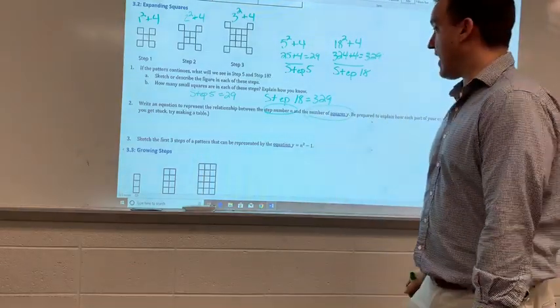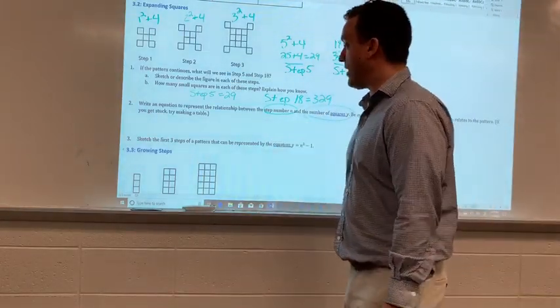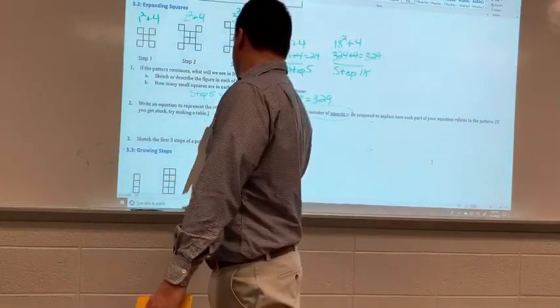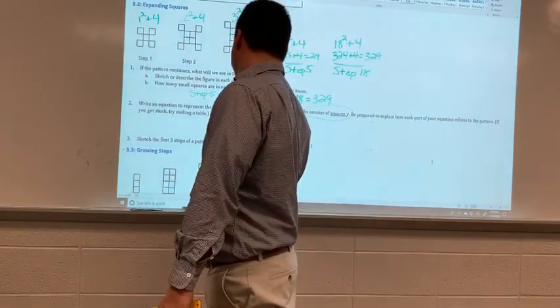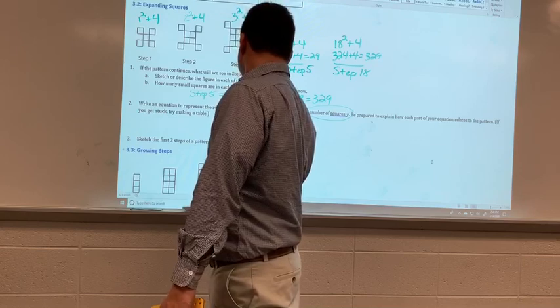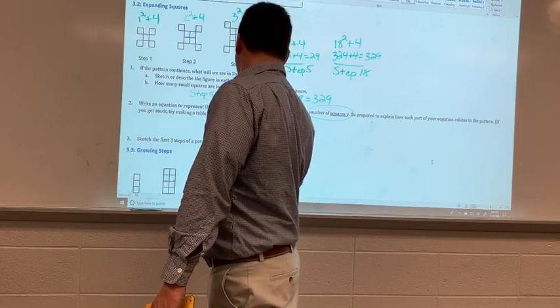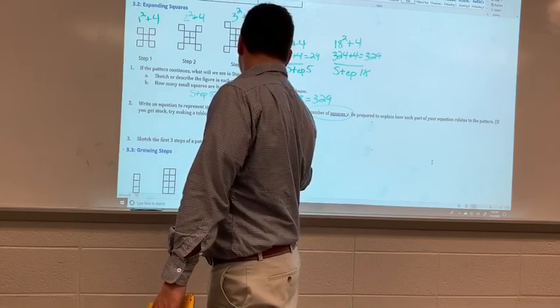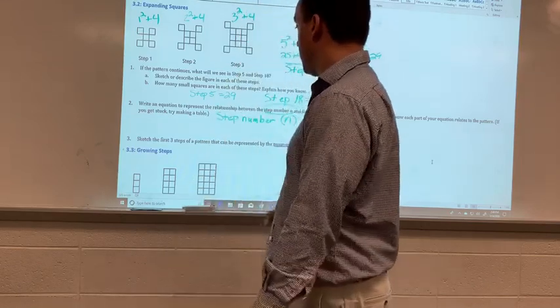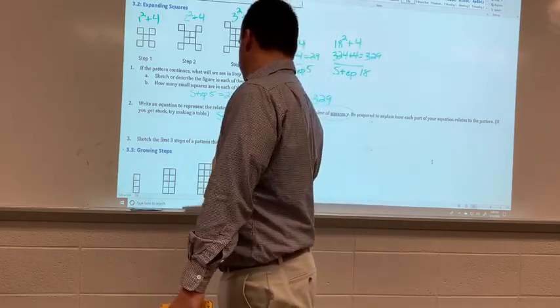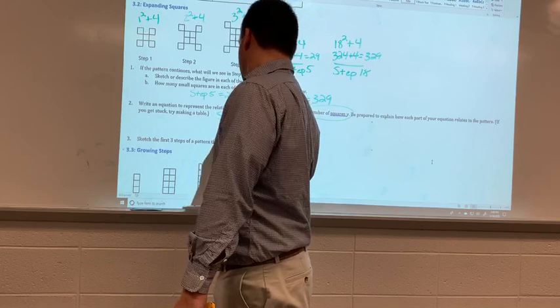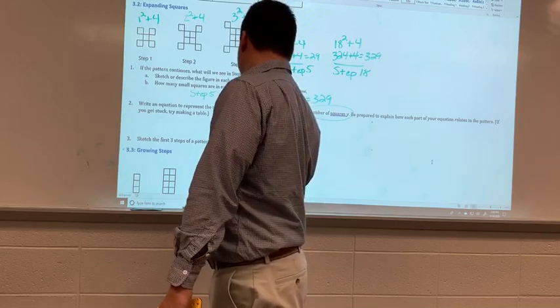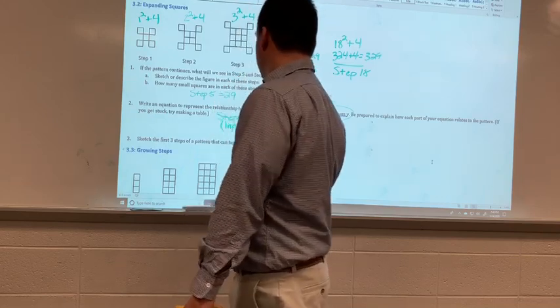First, before I do that, I like to write my variables. Here is my step number, and I need to use n. My step number is my input, or my independent variable, which I'm going to label IV.